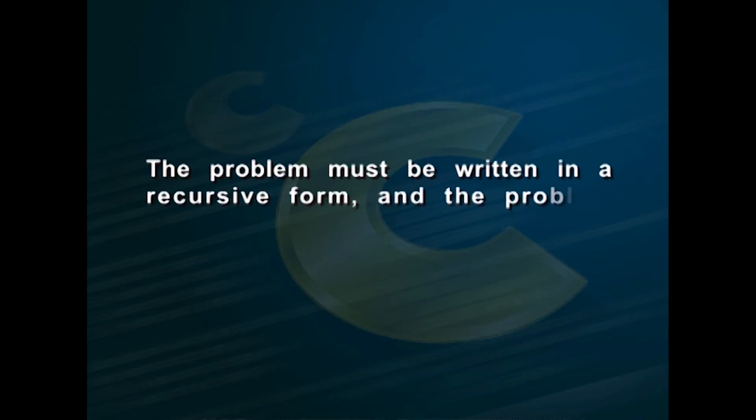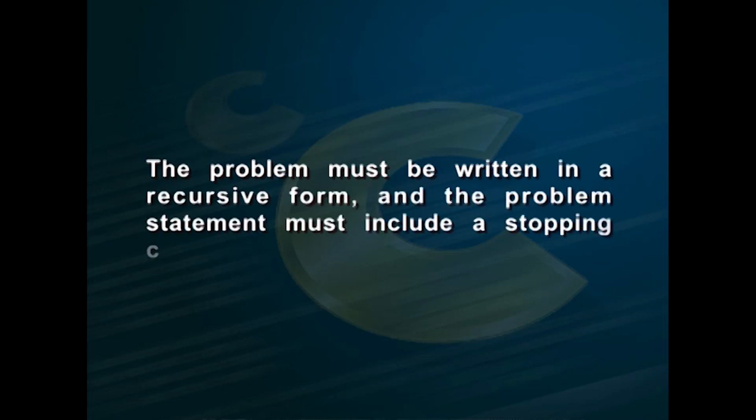The problem must be written in a recursive form, and the problem statement must include a stopping condition. The best example of recursion is calculation of the factorial of an integer quantity, in which the same procedure is repeating itself. Let us consider the example of computing factorial using recursion.